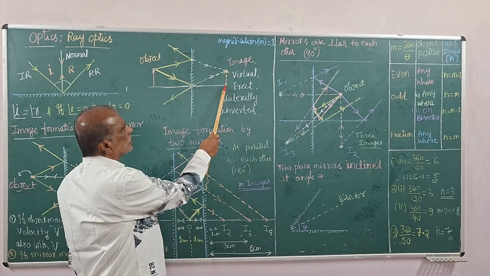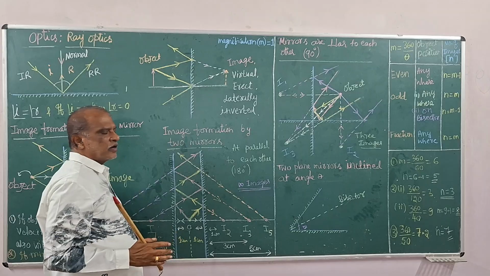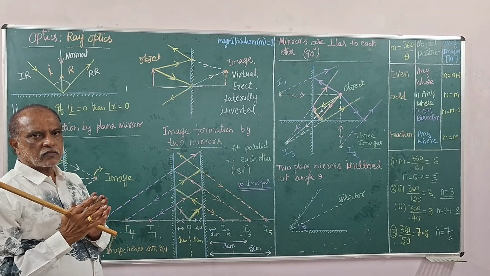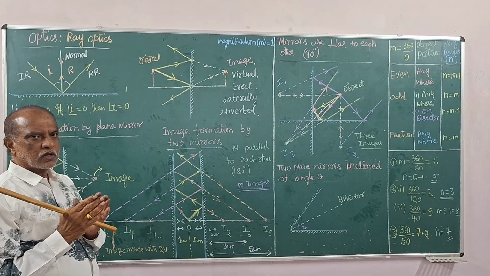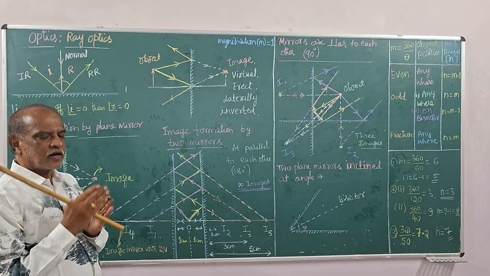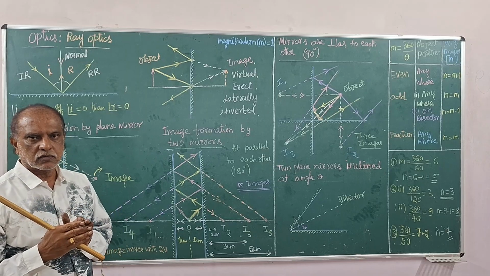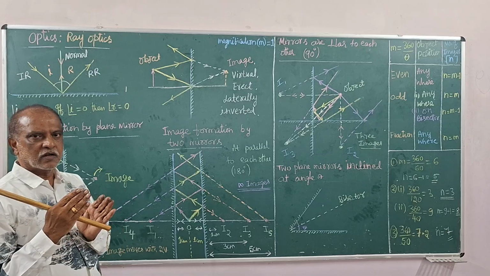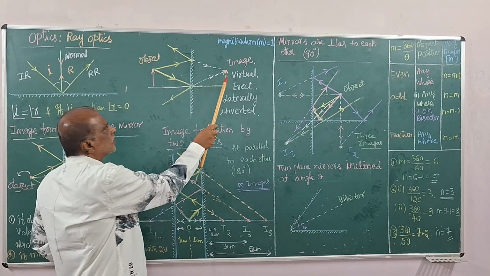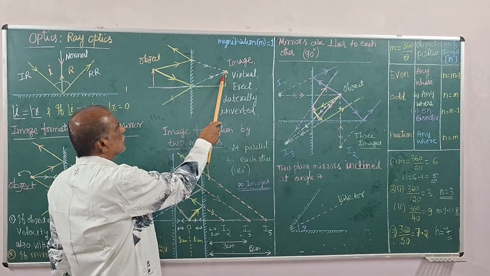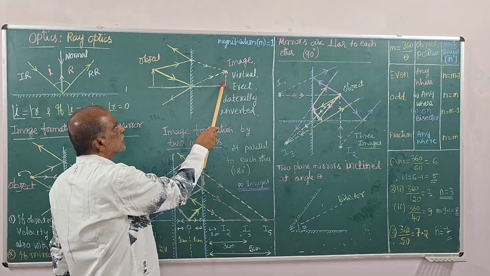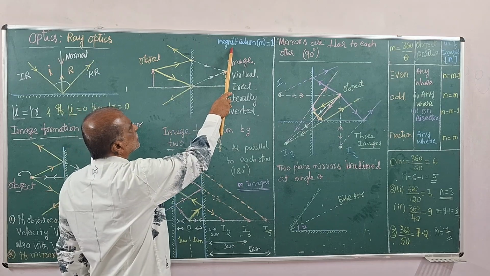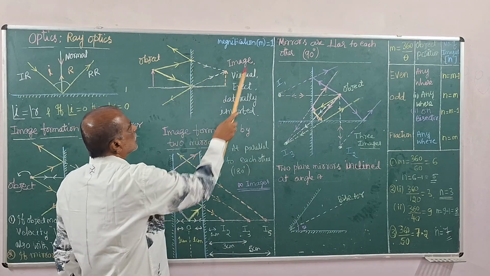Interestingly, the image is laterally inverted. What is lateral inversion? It is not vertical inversion, it is lateral inversion. Lateral means the left side looks right, and the right side looks left. Only lateral inversion takes place. The size remains the same because the magnification of a plane mirror is always 1.